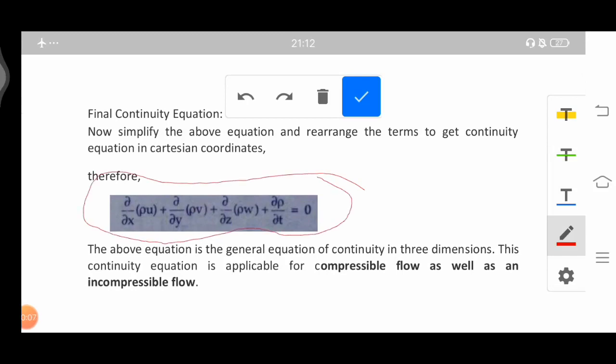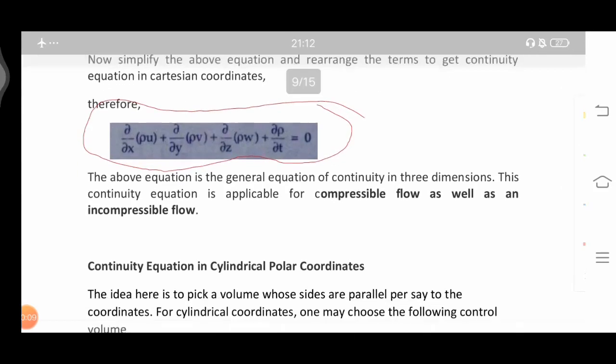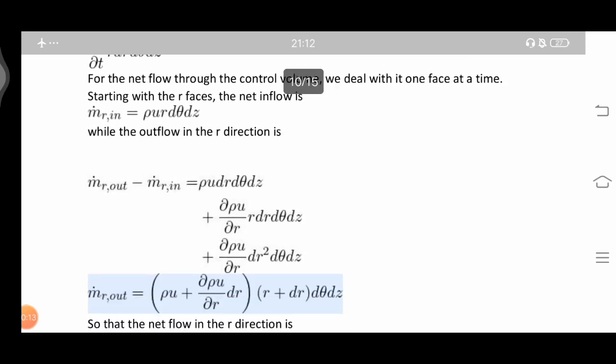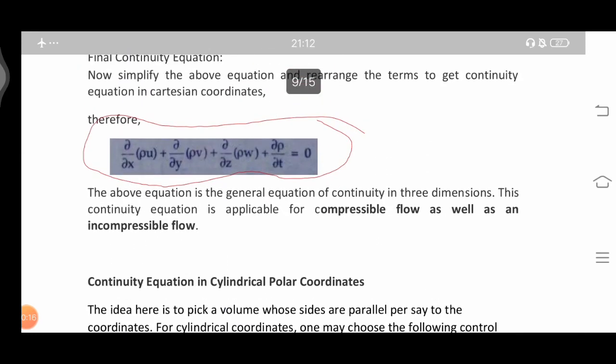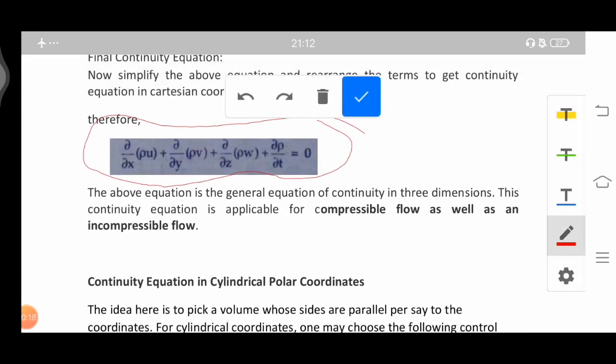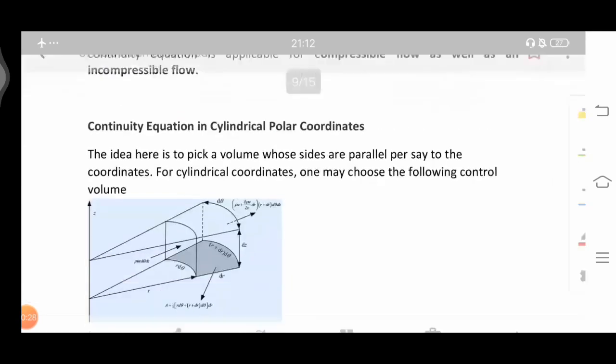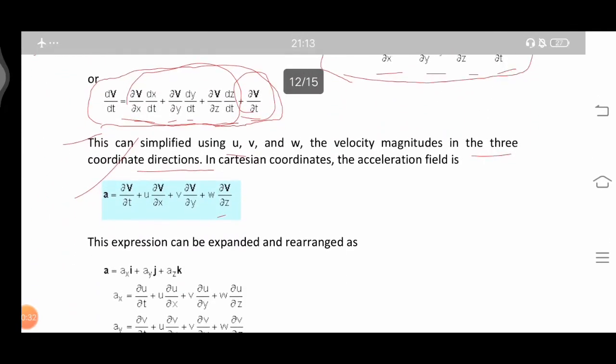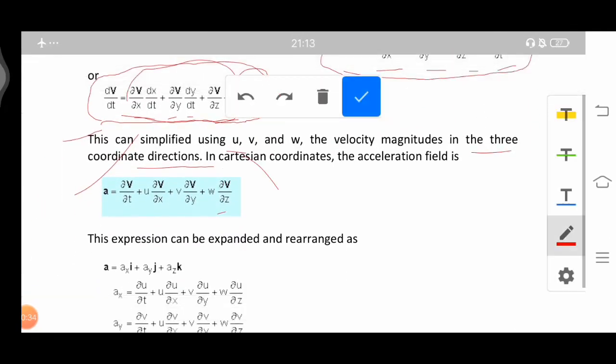Now if we ignore the density amongst them, then we can talk about the velocities, and further if we again differentiate all this with respect to time, we will get something like the acceleration equation which we have here now.